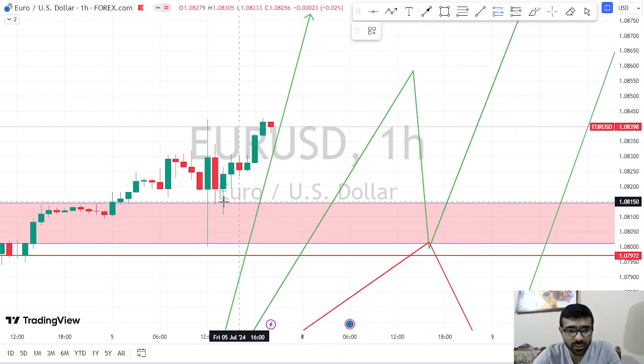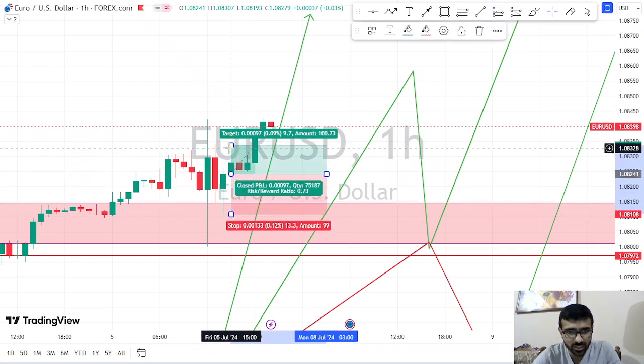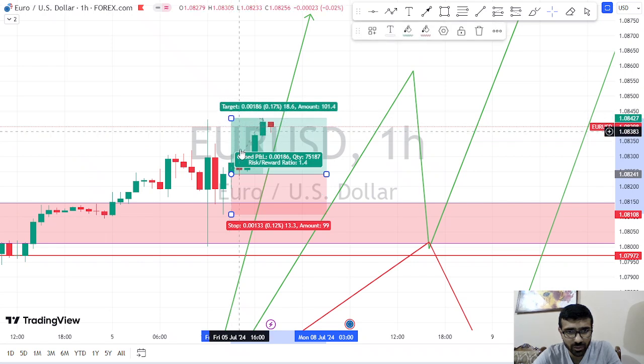Then afterwards, the market gave us another opportunity when it tested our area of resistance and closed above over here. So we could have taken an entry over here. Our stop loss will be just below this previous candle, and our take profit will be approximately over here, giving us a 1.4% profit.